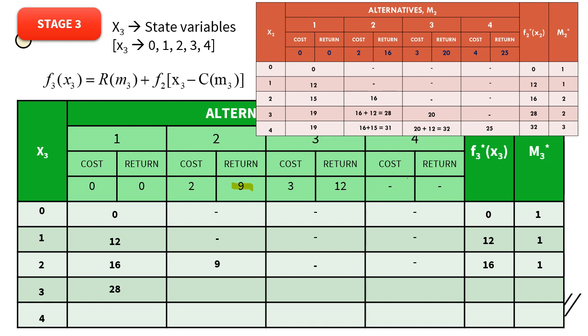Remaining 1 crore in the previous plant, which gives a return of 12. So 9 plus 12, so it will be 21. If I spend the entire 3 crore in this plant, I will get 12. The best alternative here is 28, which gives 1. So it is 1. Let me go for the next one. So spending 4 crores.